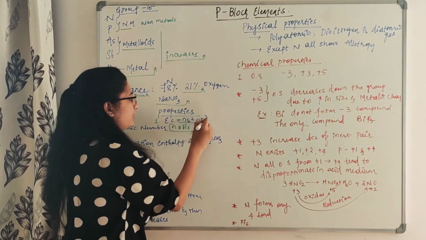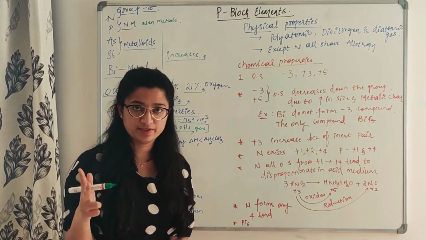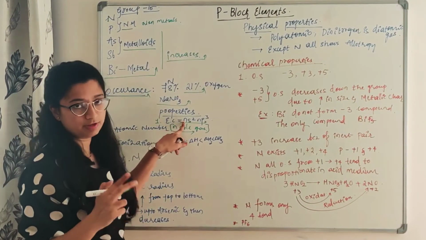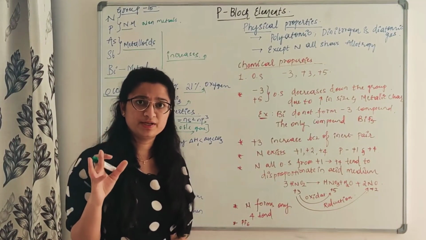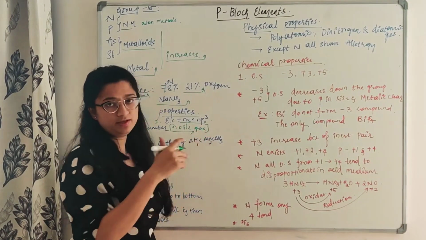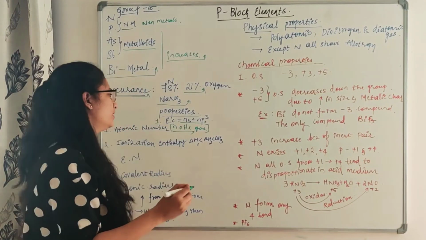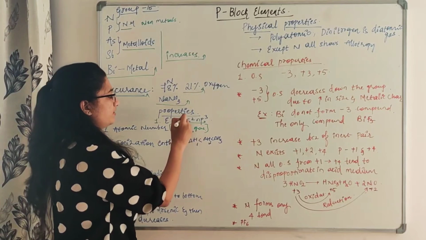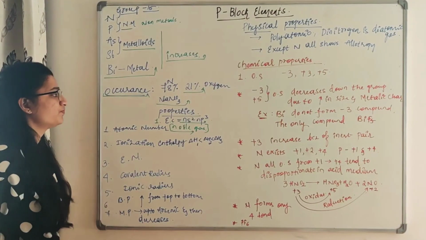In ns2 np3, if the element belongs to the second period, then the n here will be 2. If the element is of the third period, then the n here will be 3. Like that. So if you know the period, you can write that with the noble gas and then the n. It is as simple as that.